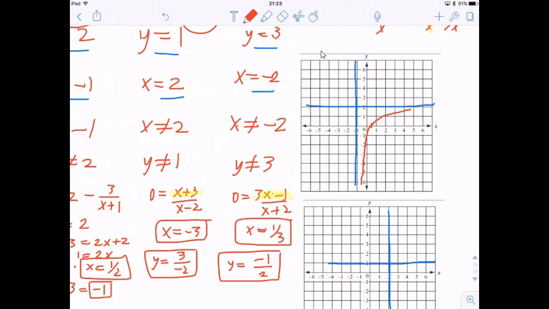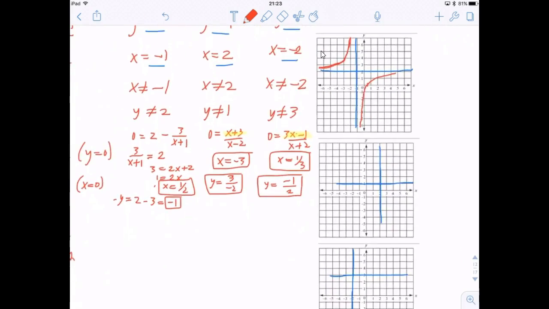And one thing that we're going to learn about hyperbolas is that it's a reflection about the diagonal axis. So if you know that the right side looks like that, the left side is going to be on the top. Okay? Now let's do the next one.